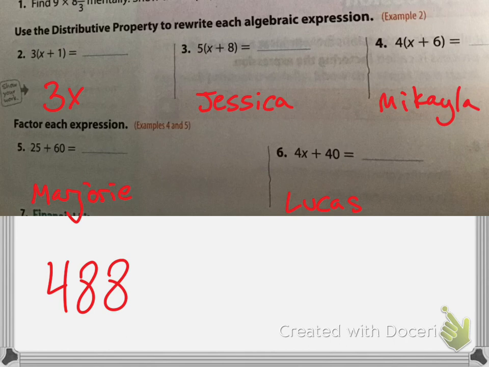Ooh, good guess. So what we do is we multiply the whole thing on the inside. 3 times x is 3x, and 3 times 1 is what? 4. 3 times 1 is 3. So we would get our final answer as literally just 3x plus 3. We do not have an answer. Just the expression.